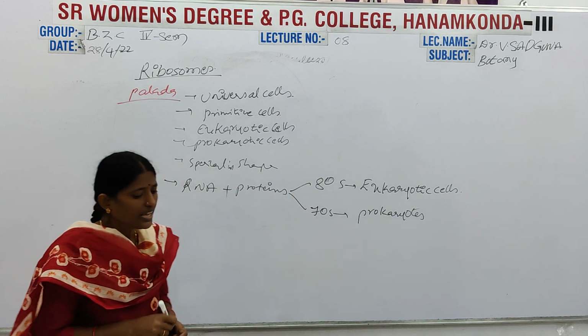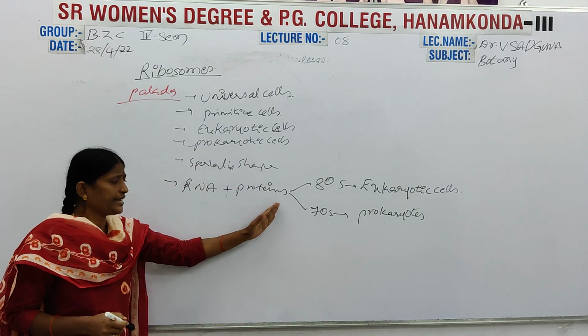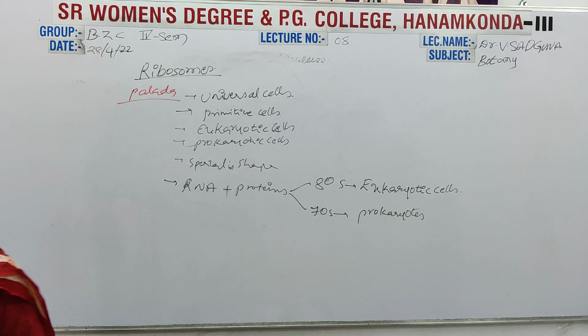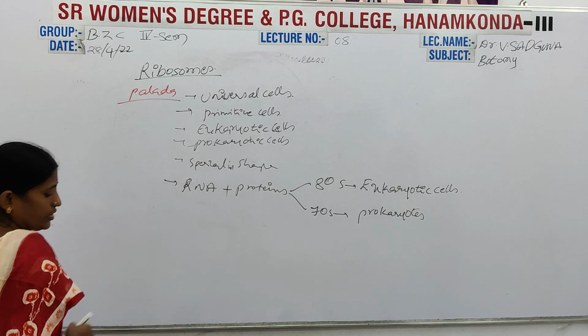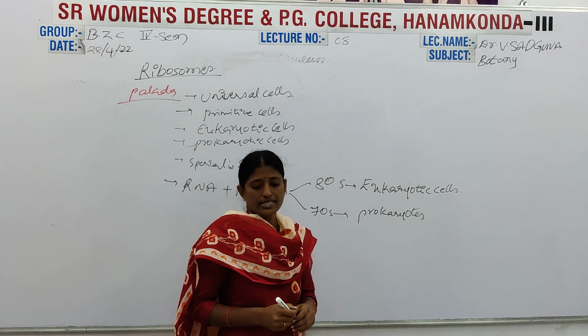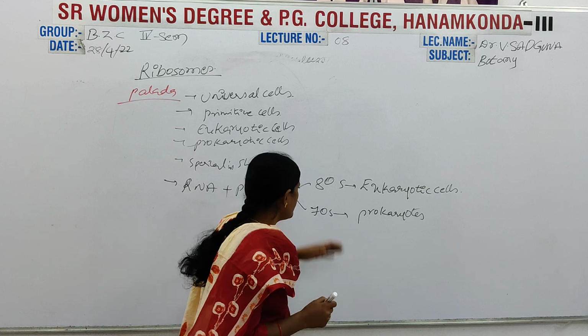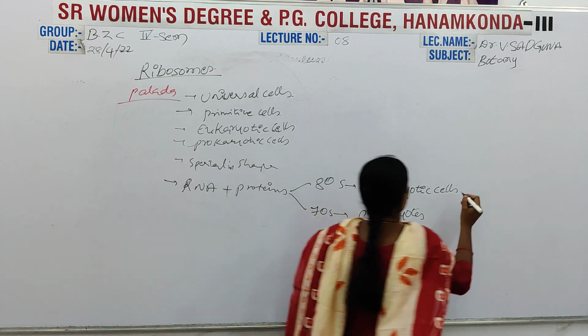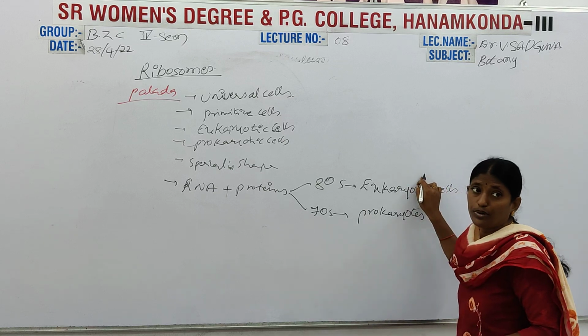Both the 80S and 70S ribosomes have different sub-units; there are two varieties of sub-units.